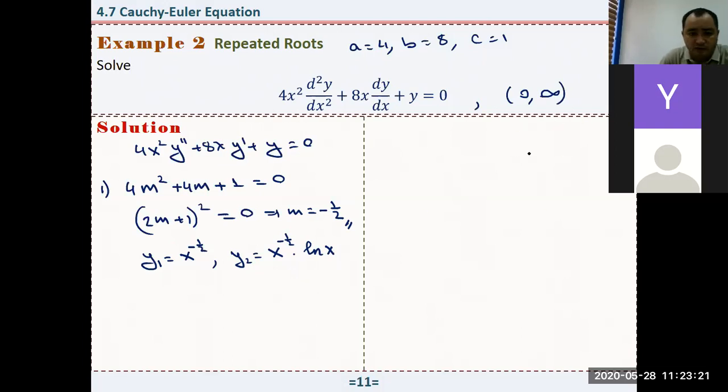That is the interval of solution. Then the solution of the given differential equation is c₁ times x^(−1/2) plus c₂ times x^(−1/2) times natural logarithm of x.